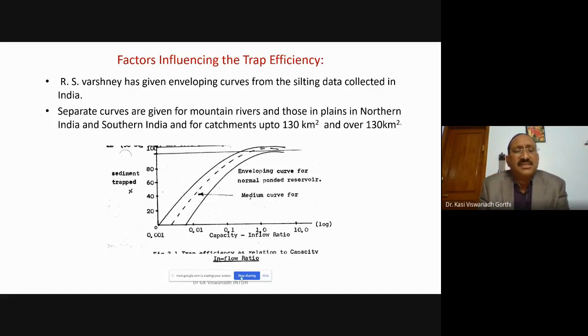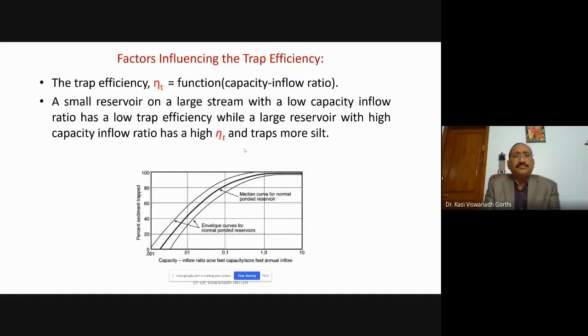So the sediment which is trapped is plotted versus the capacity inflow ratio. A typical envelope curve may be something like this, which provides you the range in between these two. So a median is taken. The central dotted line is the median for the enveloping curve.